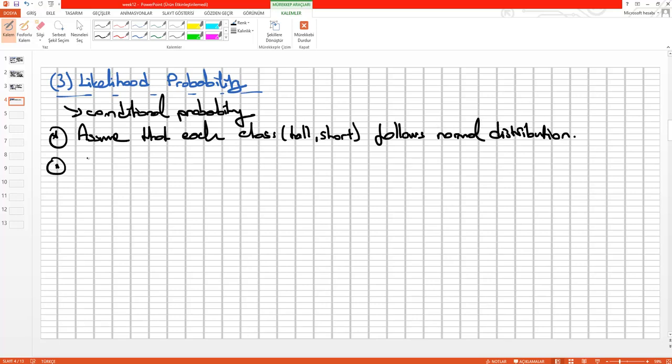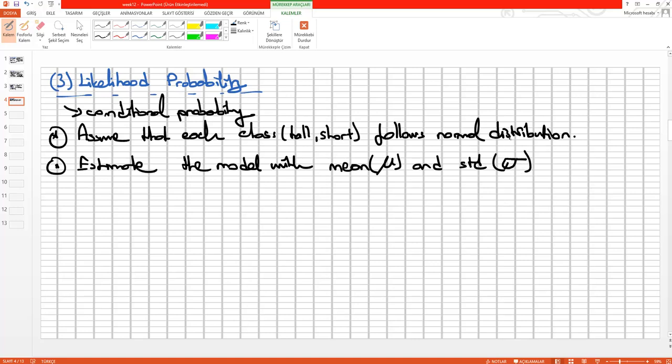The second assumption is that we estimate the model with the mean and standard deviation, which create the normal distributions.